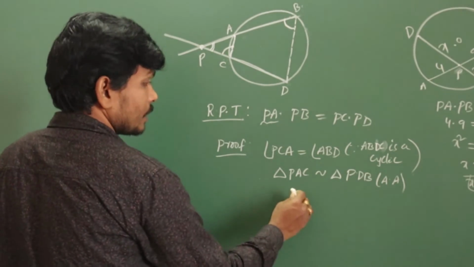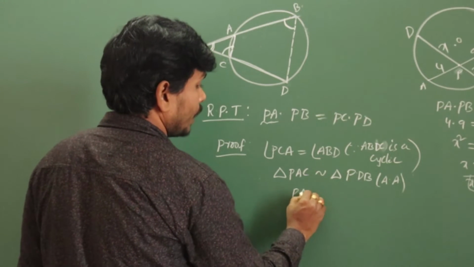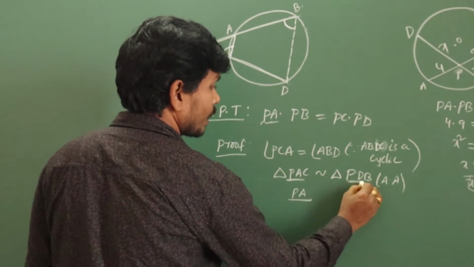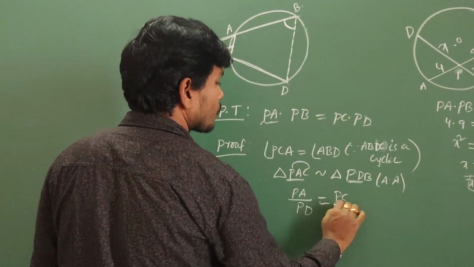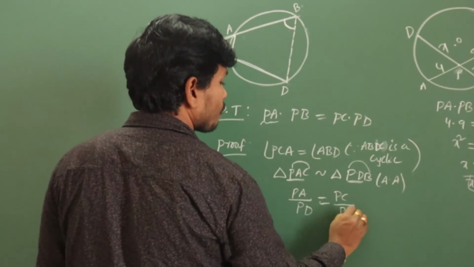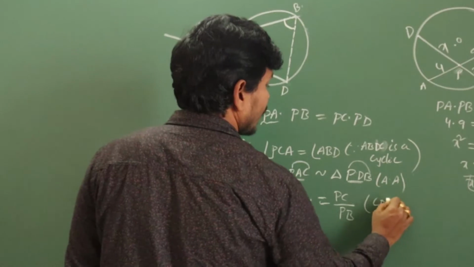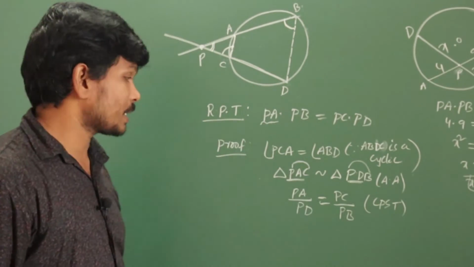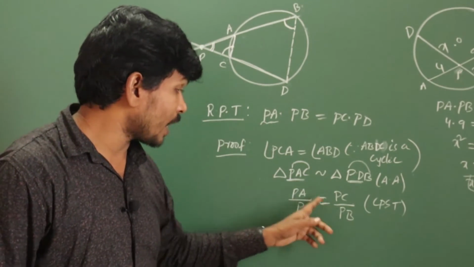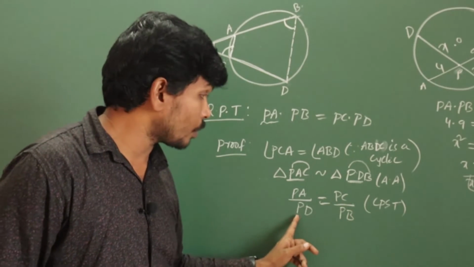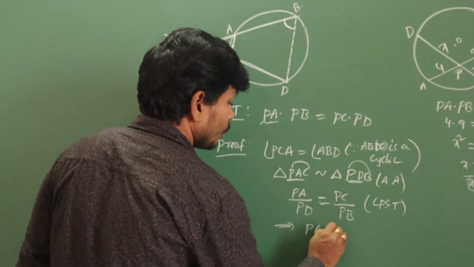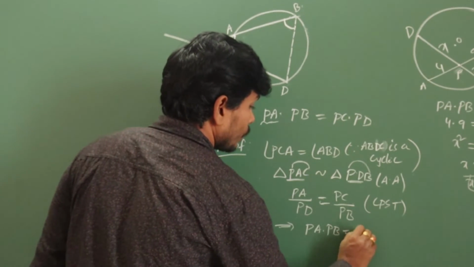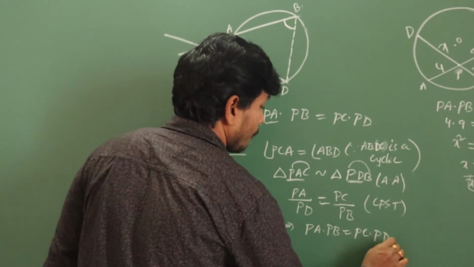Therefore, by CPST, you get PA by PD, the corresponding part of PA being PD, equal to PC by PB. CPST means corresponding parts of similar triangles. From this you get PA into PB is equal to PC into PD.